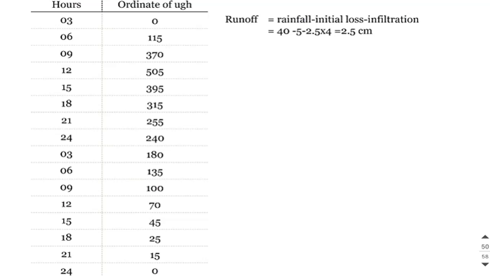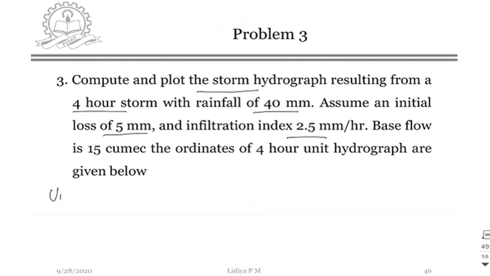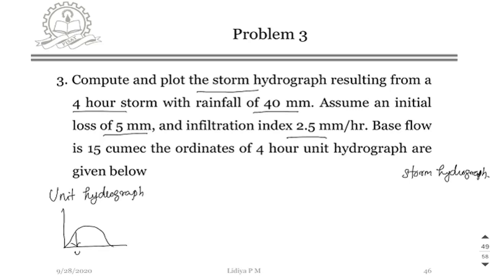So first we'll go through the question. Here the unit hydrograph is given, and we have to plot the storm hydrograph. So it is the reverse procedure. Here we know the unit hydrograph with ordinates u1, u2, etc. un.